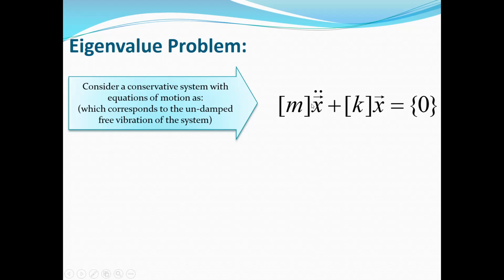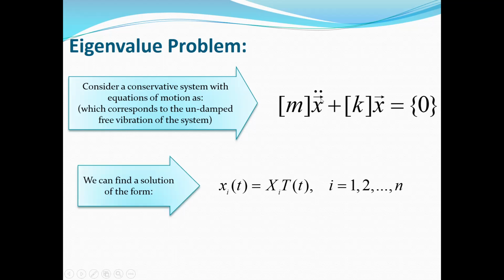The procedure is similar to the 2 degree of freedom system, as I told you. So for this purpose, we can consider the solution in the form of X_i times T(t), where X_i is the amplitude of the response, and T(t), which is a function of time, is the time part of your response.